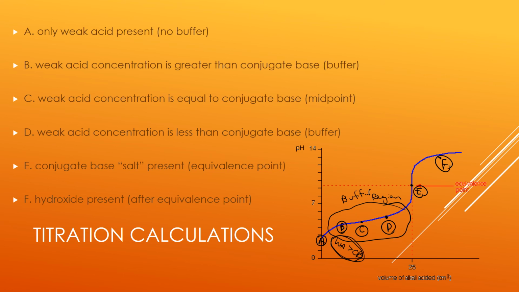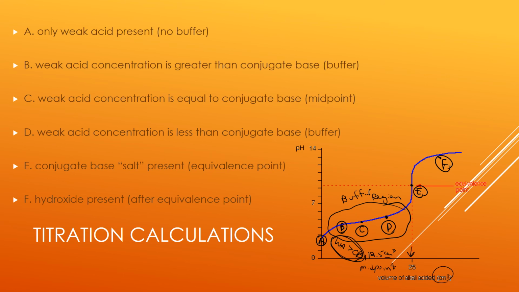Point C is very important. It's known as the midpoint. How I find my midpoint is by looking at the volume at the equivalence point, and when I see that volume at equivalence point, I take half of that volume. So half of 25 is 12.5, and let's just say that it is centimeters cubed because that's what our units are right here.